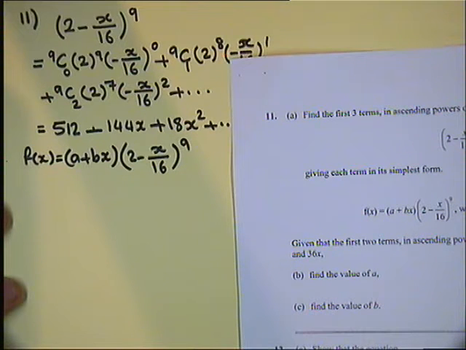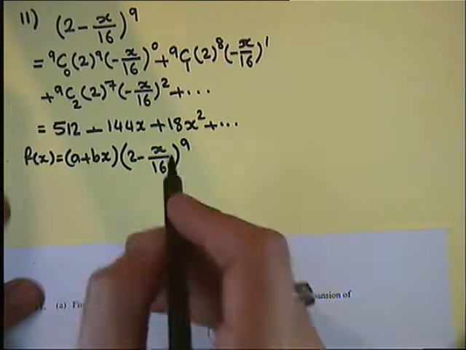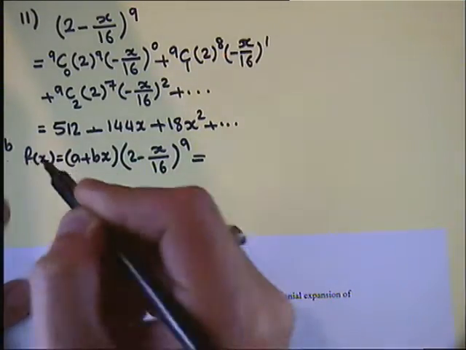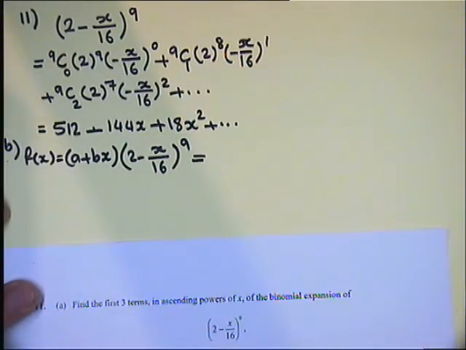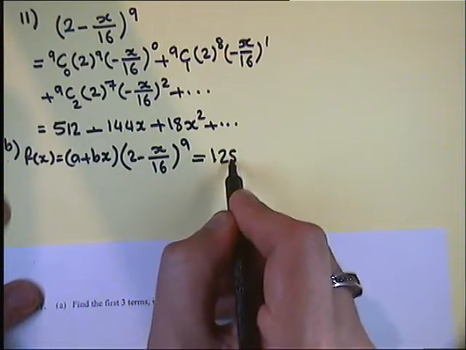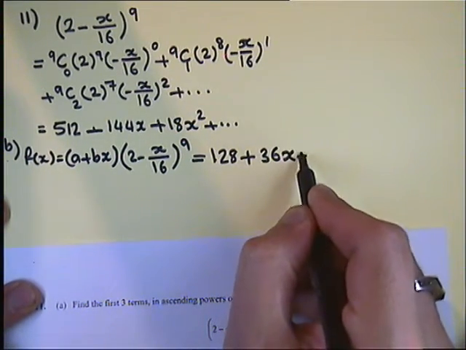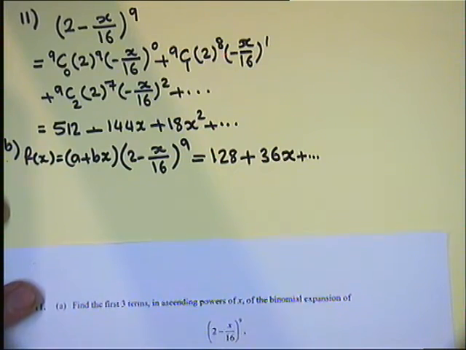Given that the first two terms in ascending power of x in the series expansion of f of x are 128 and 36x, find the value of a. So in fact, this one is equal to, let's label it as a and b, 128 plus 36x plus so on.